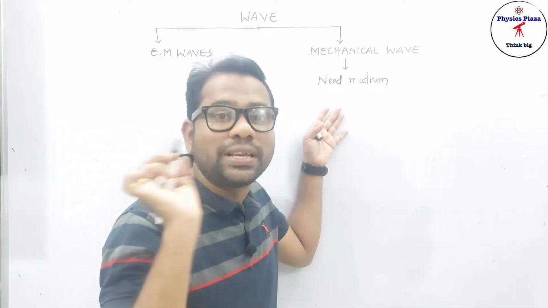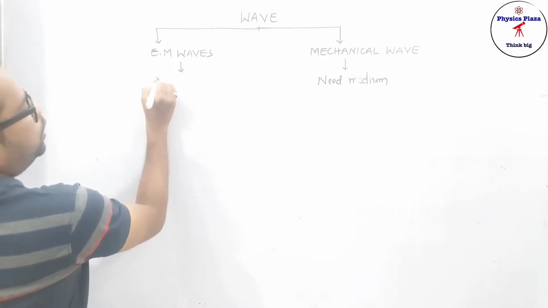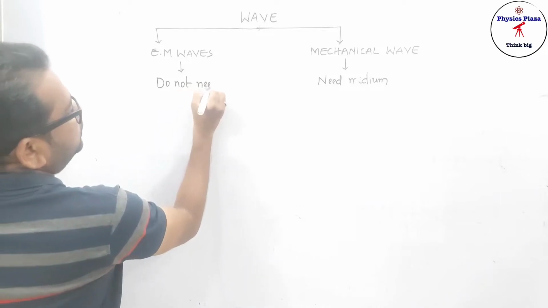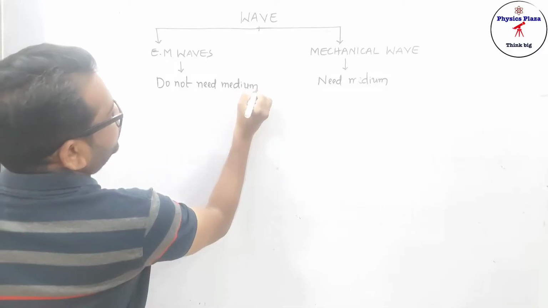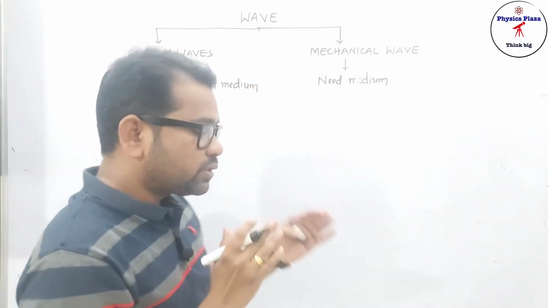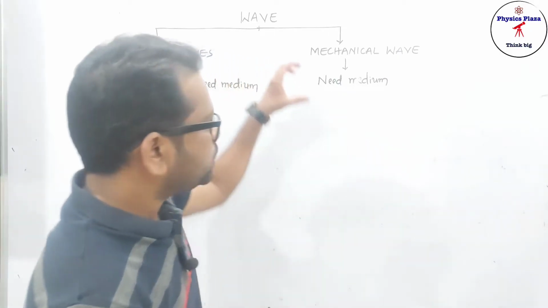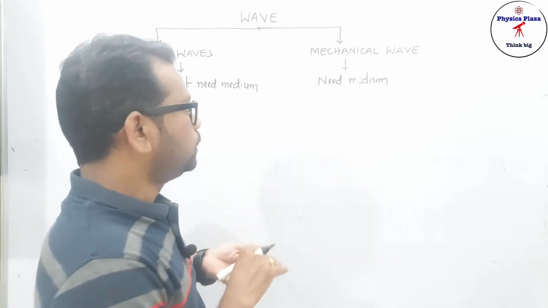So a medium is needed. But electromagnetic waves do not need a medium. Am I clear, children? So this is based on whether waves require a medium or not for propagation. Am I clear? Fine. Now regarding mechanical waves, let us go a little bit deeper, children. Okay, fine. So here, mechanical waves.